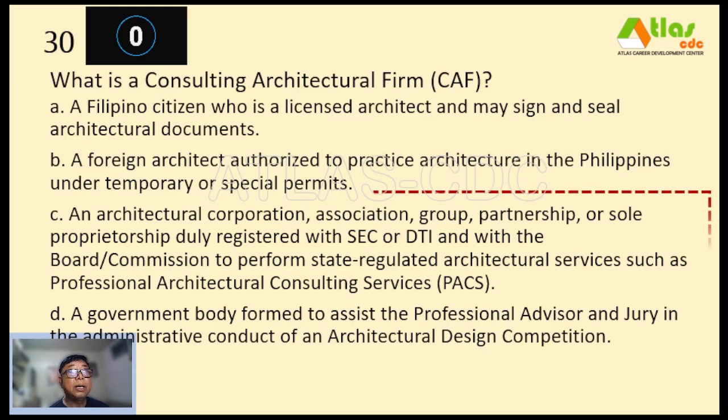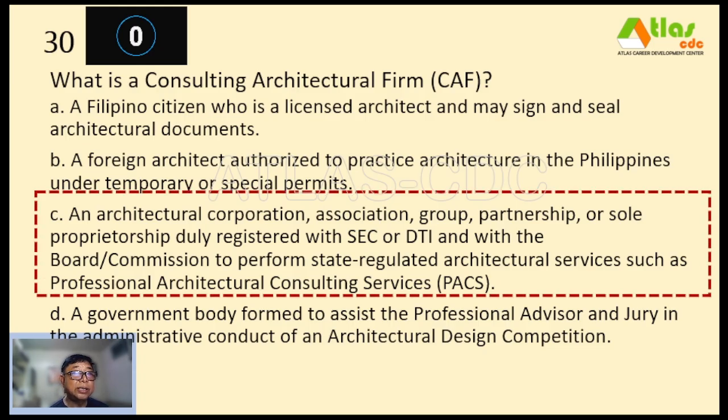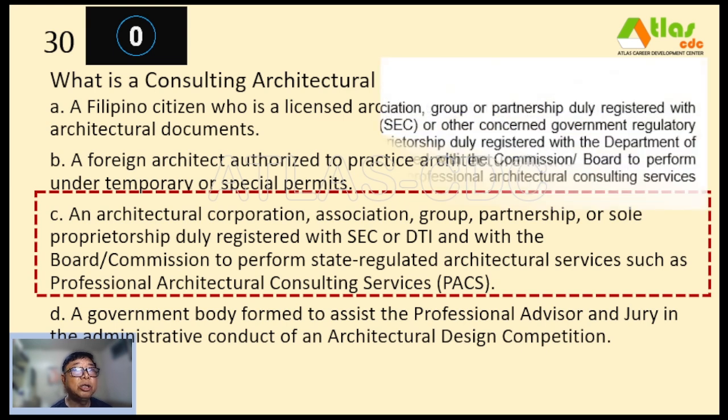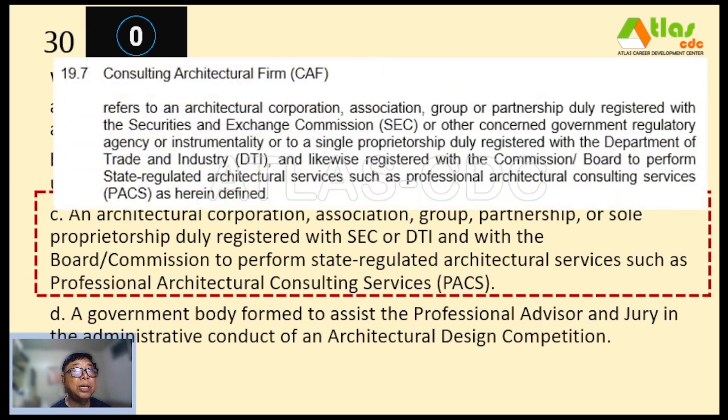And our correct answer is letter C, an architectural corporation, association, group, partnership, or sole proprietorship duly registered with SEC or DTI. So ito yung nakalagay sa SPP document 209, no? Definition ng consulting architectural firm or CAF.